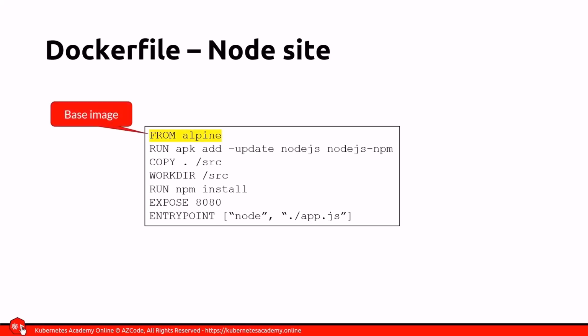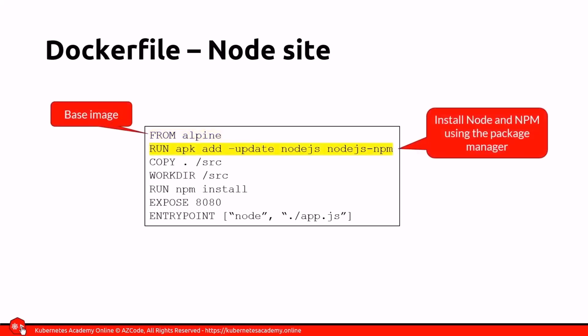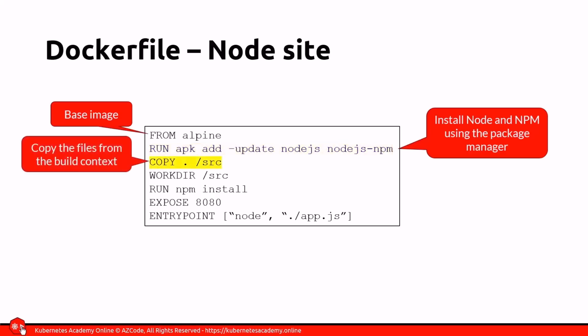The FROM command specifies the base image. Using the RUN command, we run the package manager inside the container to install Node.js. Next, we copy all the local files into a folder named src inside the container.